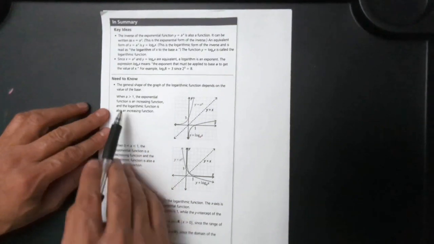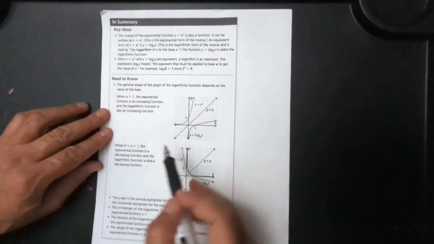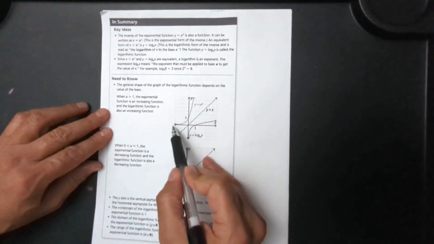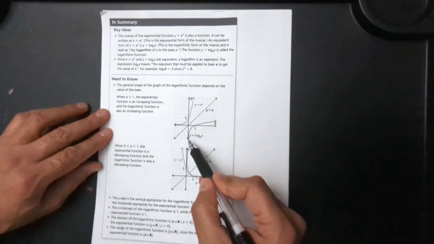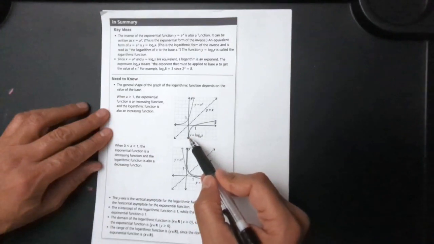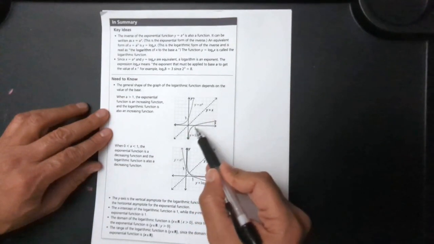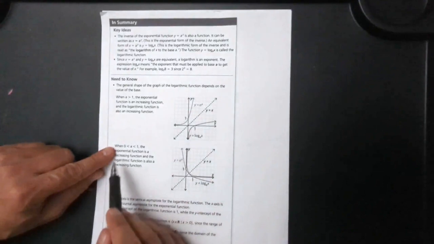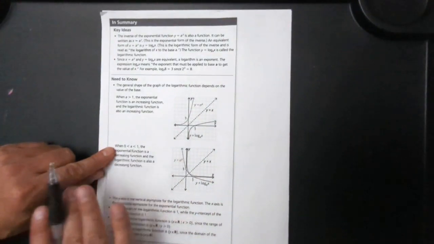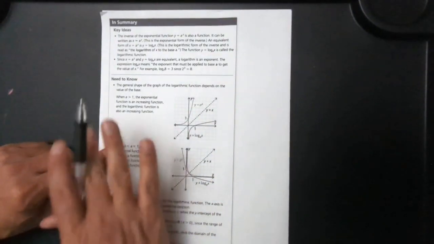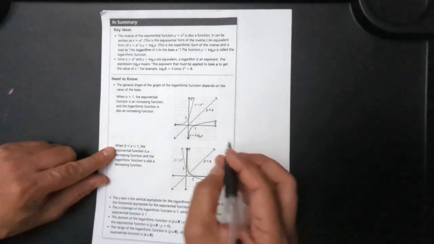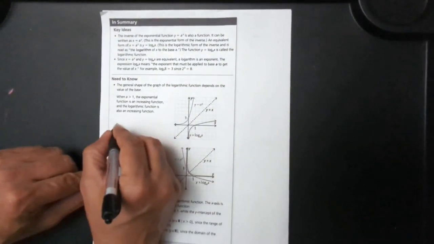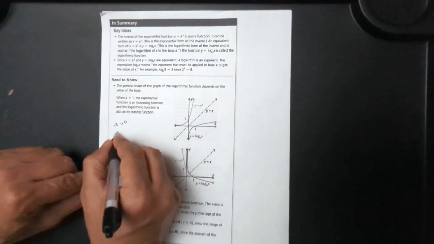When the base is greater than 1, the exponential function is an increasing function like this, and the log function is also going to be an increasing function. Okay, a has to be positive for any of this to make sense. So a has to be greater than 0, and a cannot be 1.